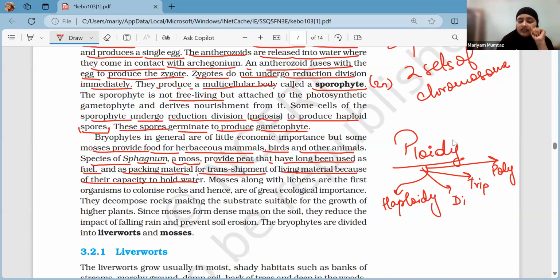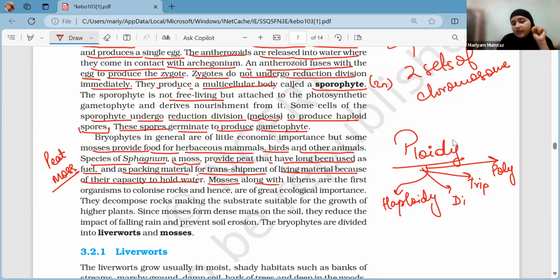So it is used for packaging whenever living substances are transported anywhere. Sphagnum is commonly known as peat moss. Remember this, peat moss. And it is used as a fuel also and packaging material.